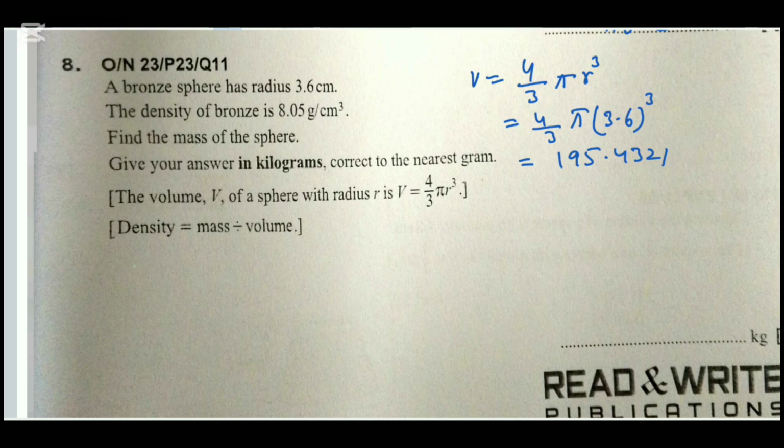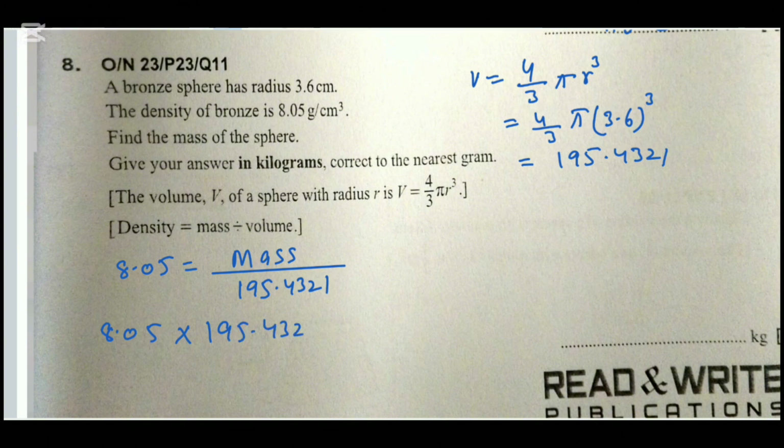Now you will use this formula. Density is 8.05, mass over volume, mass we have to find, and volume is 195.4321. So 8.05 multiplied by 195.4321 is equal to mass.